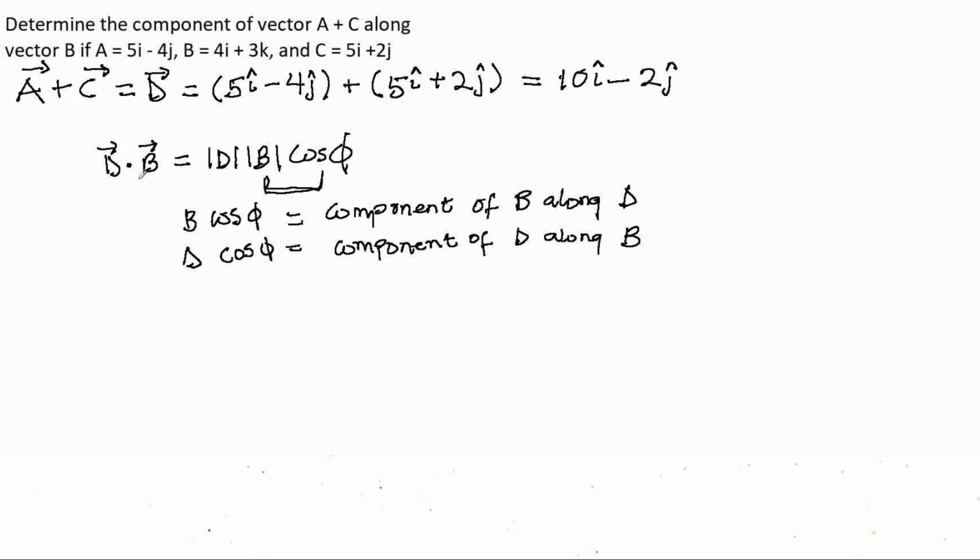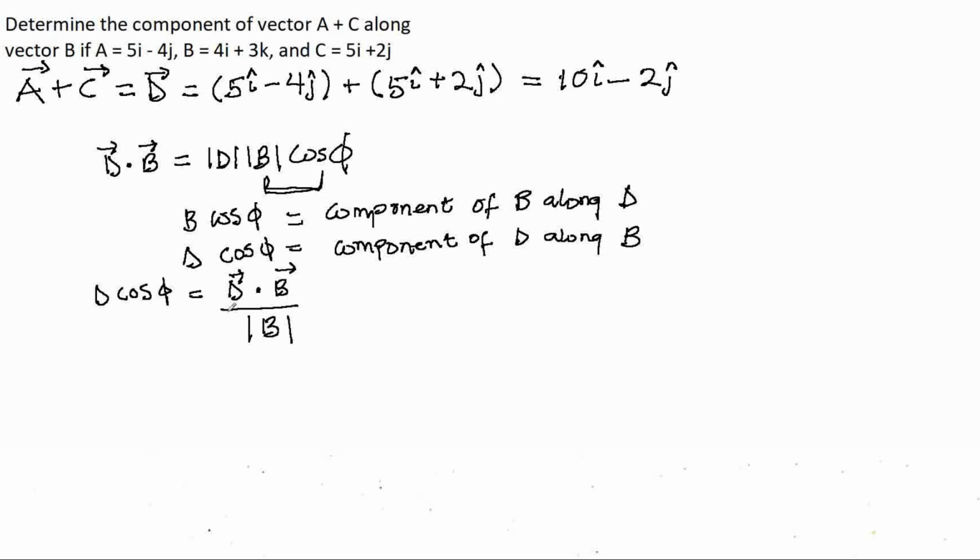D cosine of phi should be equal to D dot B, all divided by the magnitude of B.